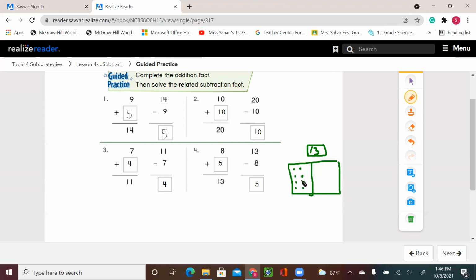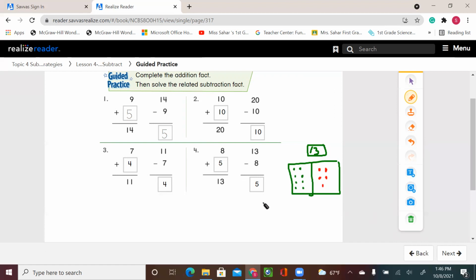Now I'm asking myself, one part is 8, missing total. So what do I add to the 8 to make 13? So I count them. I had 8. After 8: 9, 10, 11, 12, 13. So how many counters did I add? 5. That's your 5.